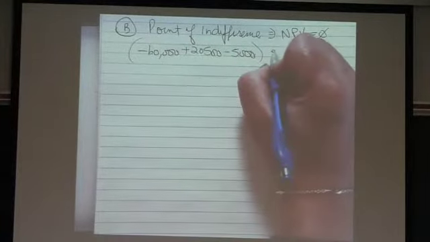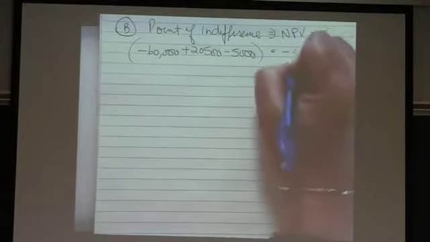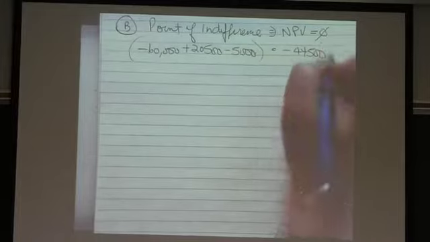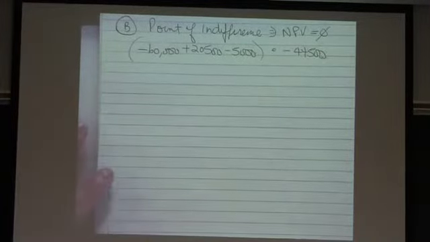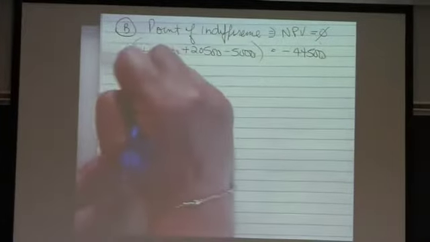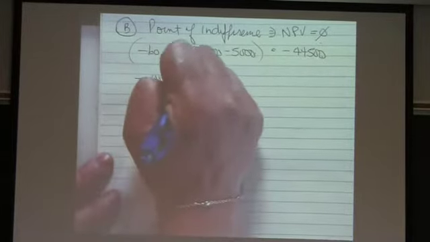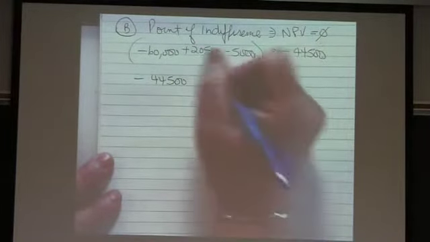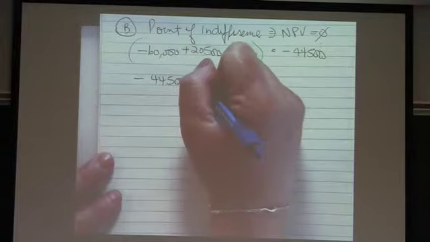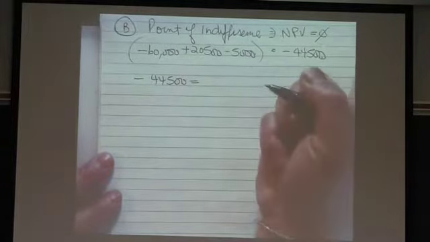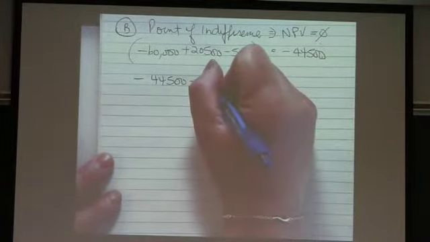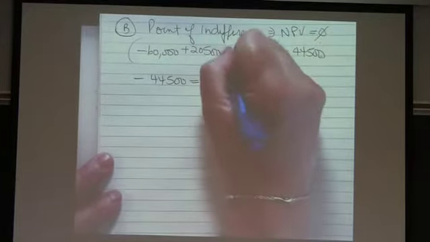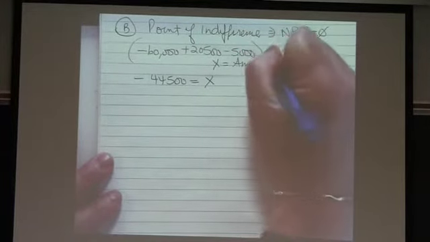So all of that is the minus 44,500. So we know that it's going to be minus 44,500. Okay. We also know that the present value factor, so let X equal the annual cash flow.